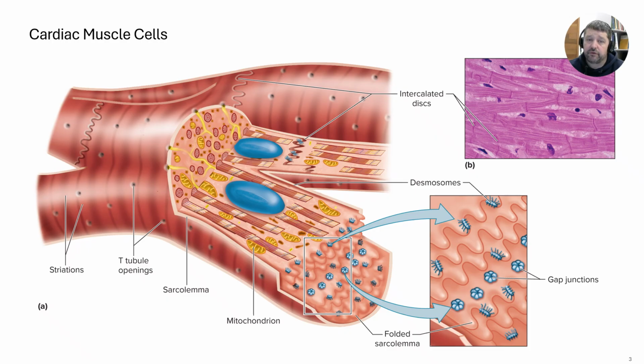Part of that transition of the action potential moving from one cell to the next really has to do with these intercalated discs. It also has to do with these channels, the desmosomes and the gap junctions. Okay, they allow for things like sodium, potassium, and calcium to move freely and allow for those action potentials to continue to move down.